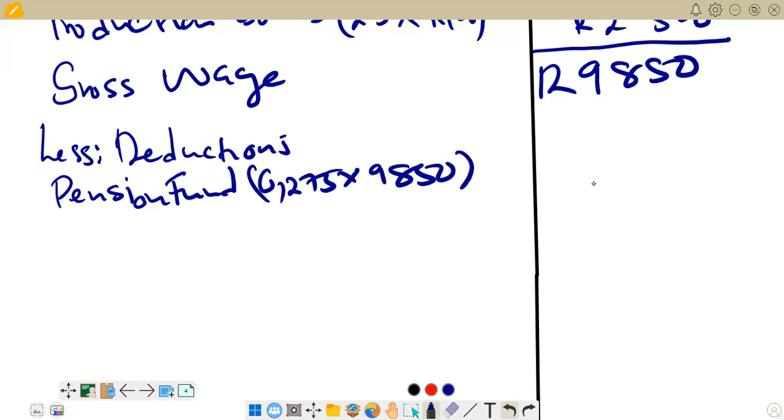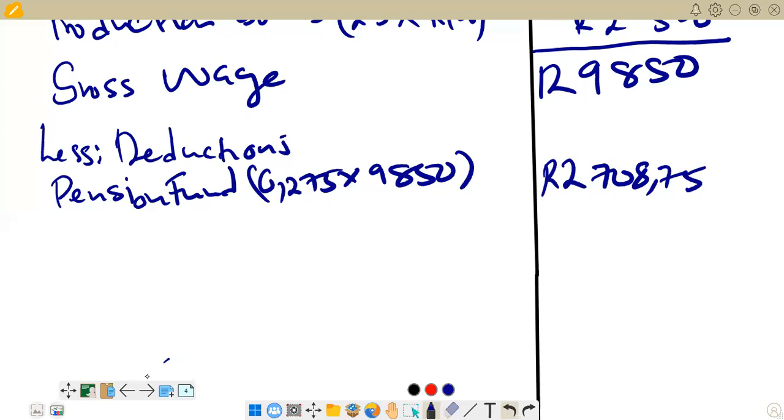Then you get your pension fund. Your pension fund becomes 2,708. Remember, this is money, so we have to round it up to two decimal places. So we get 75 there, and this is in rands. So this is what we have in terms of pension fund.